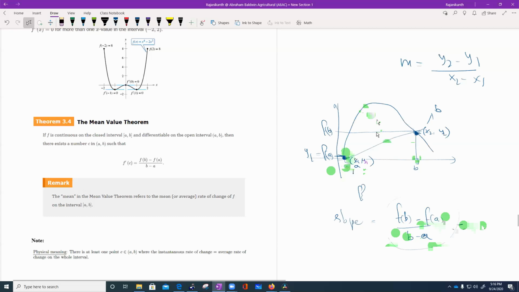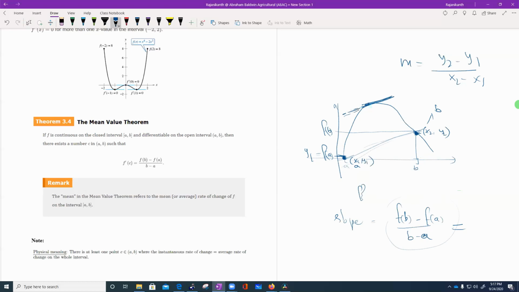That means you could draw a parallel line, right? If two lines have the same slope, what does that mean? Slope same means those two lines are supposed to be parallel lines. In other words, I could always draw a parallel line somewhere on the curve, parallel to this line, like that.